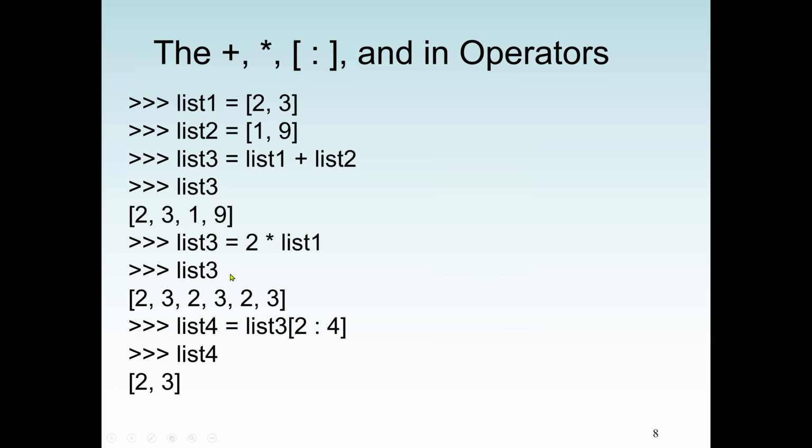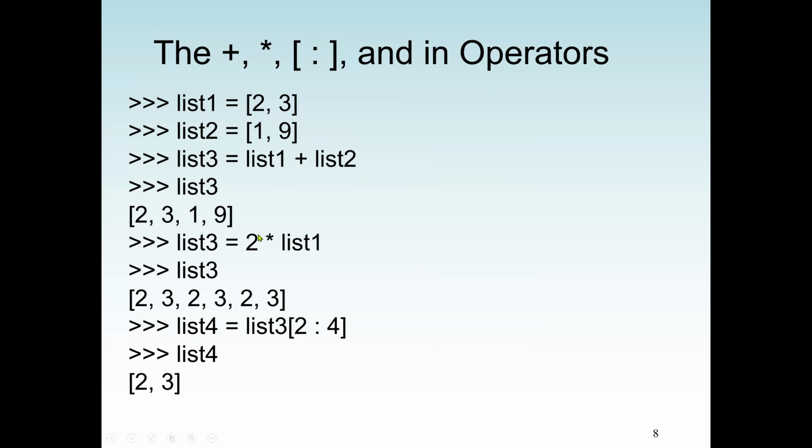Now the same thing applies if we say 2 times list 1. It doesn't mean that we are multiplying 2 by all the items in list 1. No. But rather, we are repeating it again. So this is list 1, it has 2 and 3.